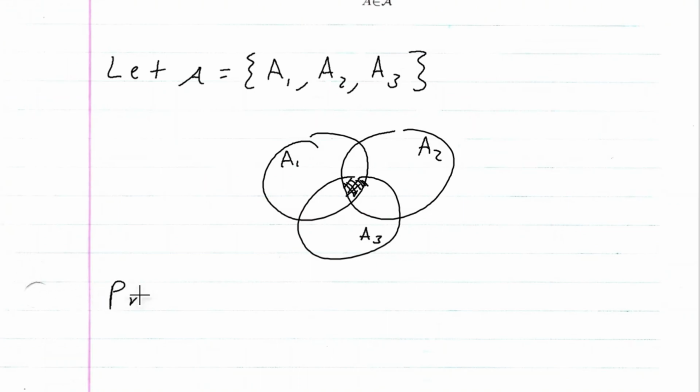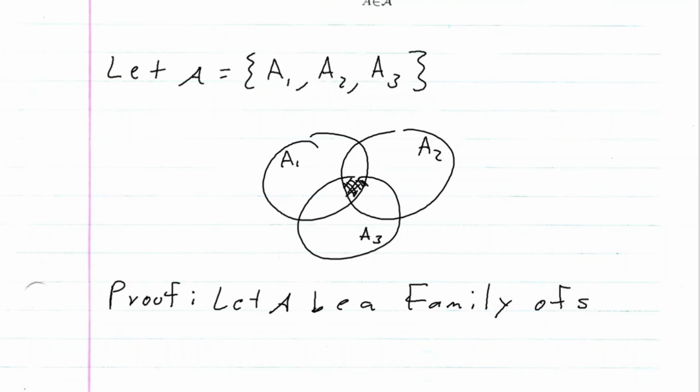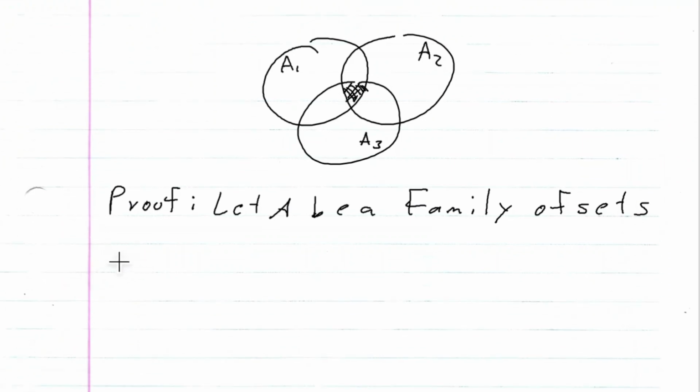So proof. First, we're going to let A be a family of sets, and B be an element of this family.